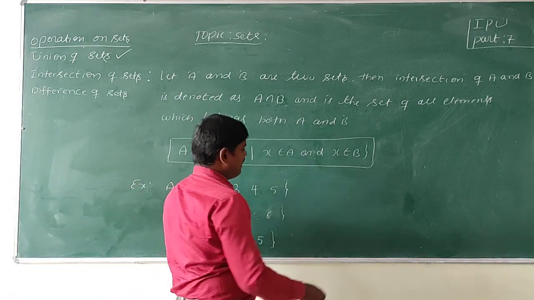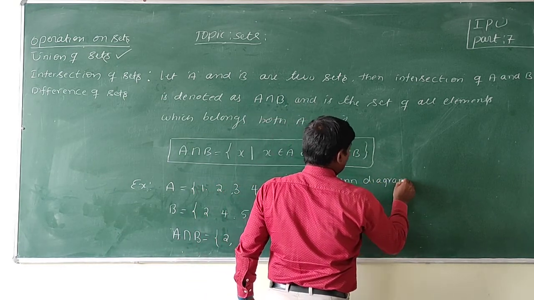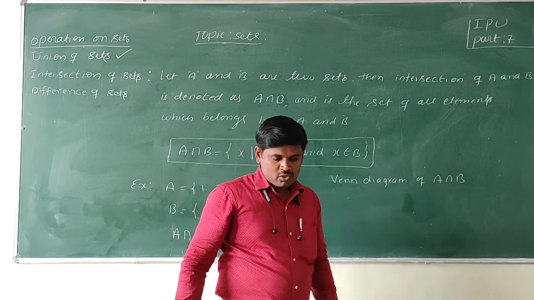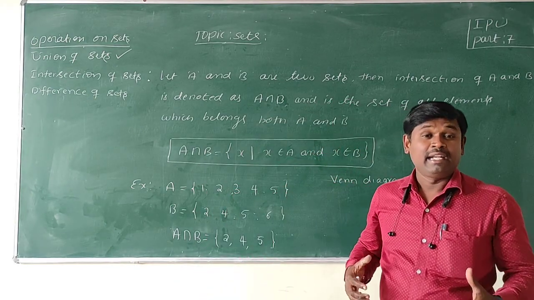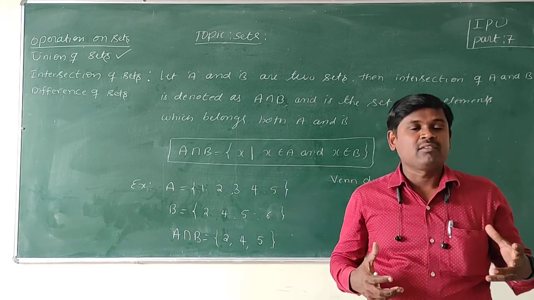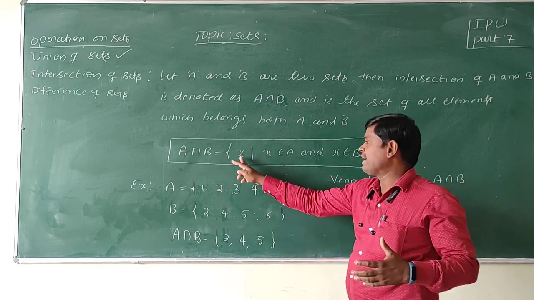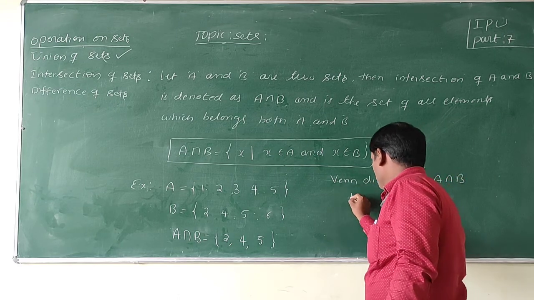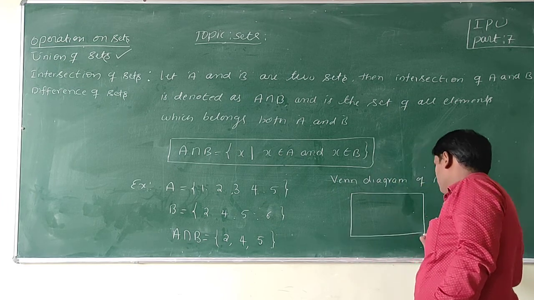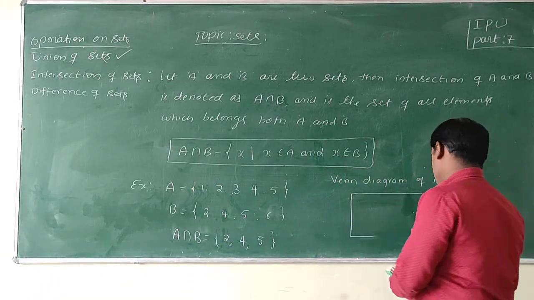Now the Venn diagram of A intersection B. Already you know that the Venn diagram is the diagrammatic representation; most of the relationships between sets are denoted by means of diagrams, and those diagrams are known as Venn diagrams. In a Venn diagram, the universal set is denoted by a rectangle, with the points within the rectangle, and other sets are denoted by points within circles.